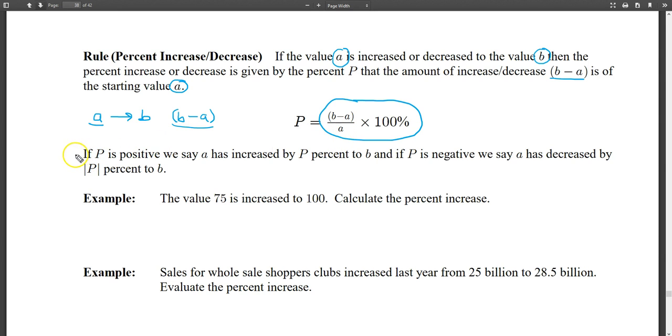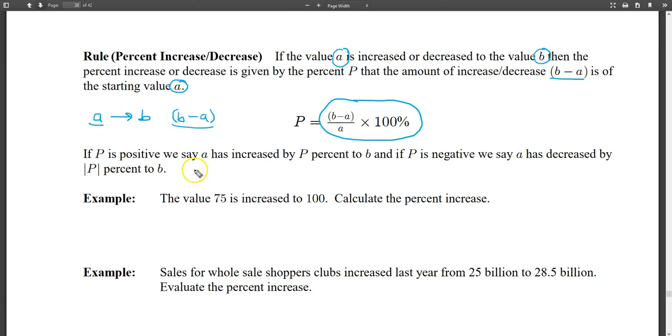Now take note of this. If P is positive, then we say A has increased by P% to B. So in other words, B minus A is a positive number. So you have an increase from A to B. On the other hand, if P comes out to be negative, then we say A has decreased by the absolute value of P% to B. This absolute value means that you just make P a positive number.